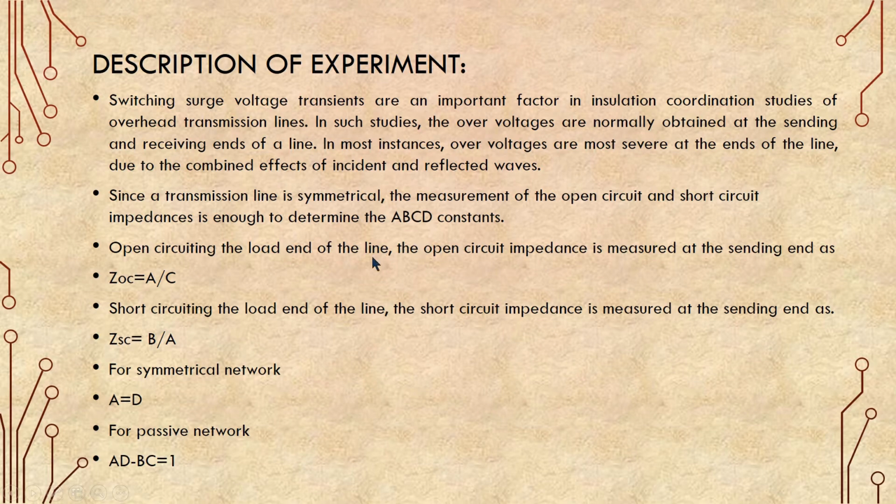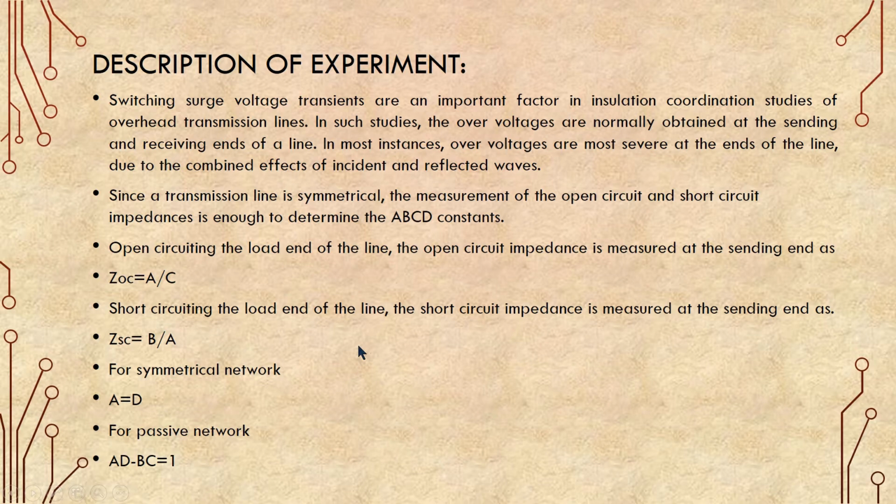We need these parameters to analyze how much the voltage will vary if we have this amount of surge. For that we need the surge impedance loading, Z0, and the propagation constant. These are the factors we need to get the surge parameters.